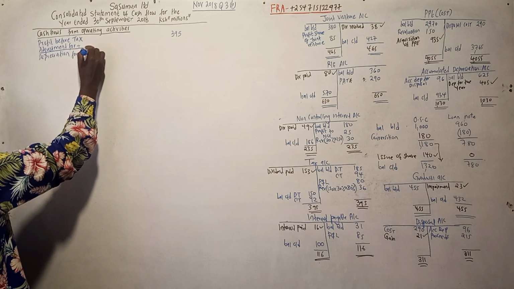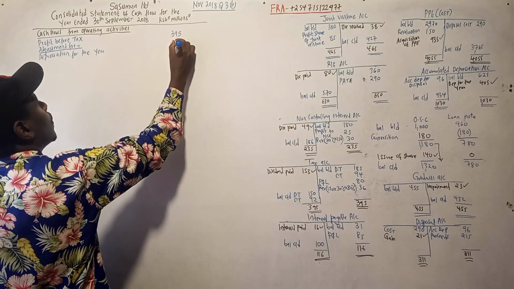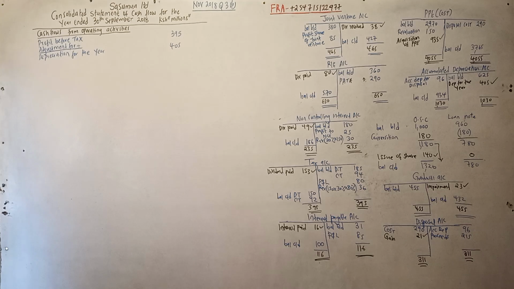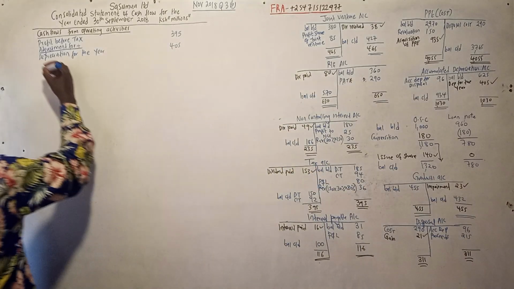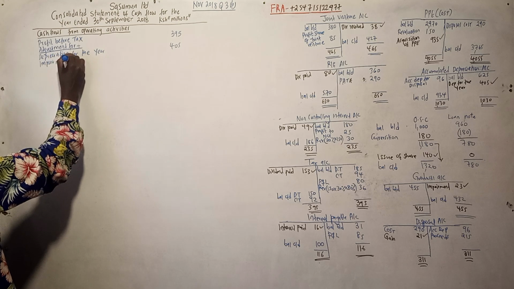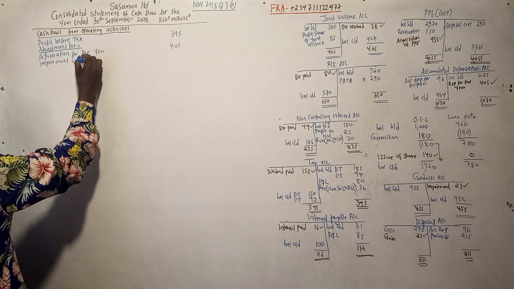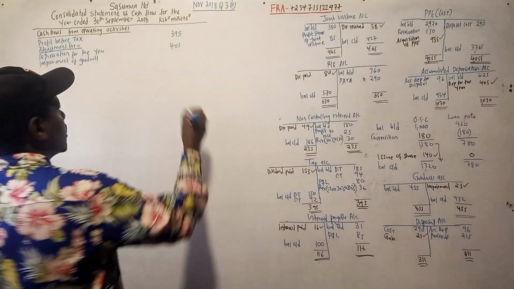Depreciation was deducted, so we add it back. Then we had some impairment of goodwill. It was deducted, so we add it back.